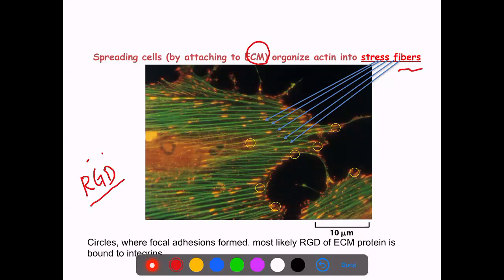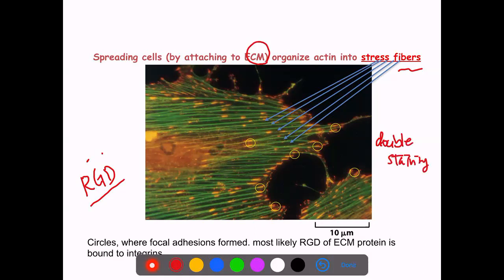Okay. So the circle in the figure is the cell binding site. I think this is what we call double staining.